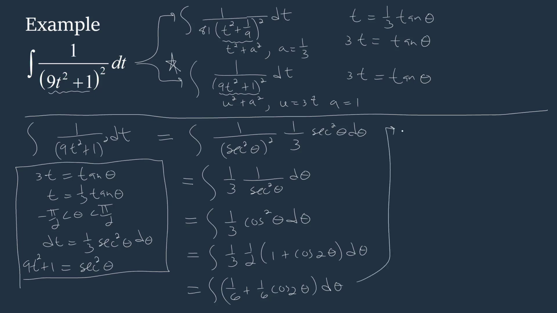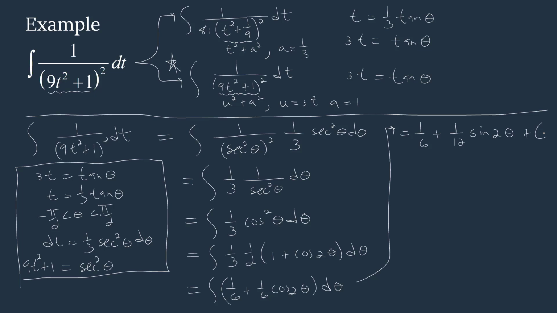So continuing from here, that would then be a 1/6 theta plus a 1/12 sine of 2 theta plus c. That's the antiderivative. So that's the answer. Well, that's the answer in terms of theta. We have to go back to t in this case. To do that, though, I have to get all the trig functions being applied to only theta.